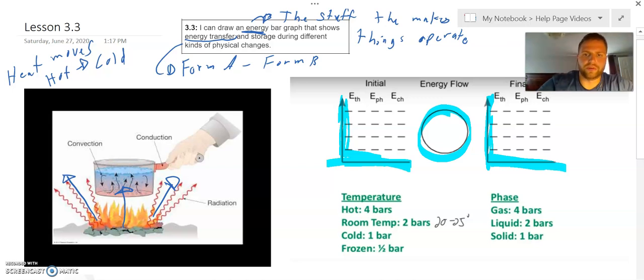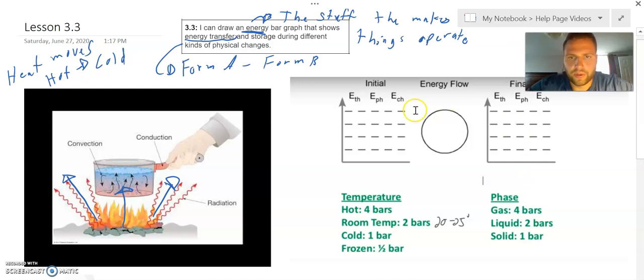As we zoom in closer on the graph, we see that there are some very specific columns at the top. Here it says E thermal, that's what the TH stands for. This is E phase, and this is E chemical. For now, we're going to cross out the E chemical, and the two things we're going to focus on are E thermal and E phase.